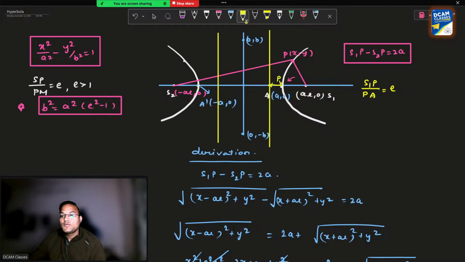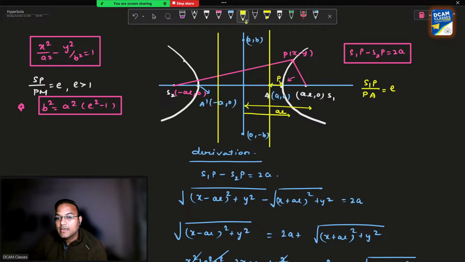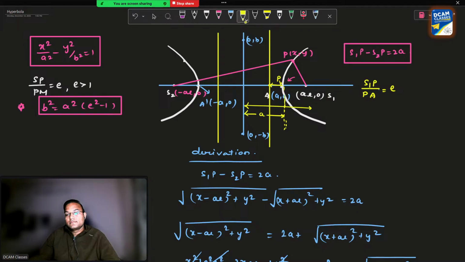Now if you see here, this distance is AE, and this distance is A. So what will be this distance from here to here?